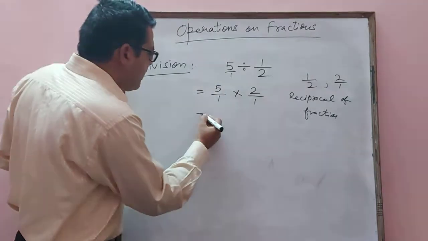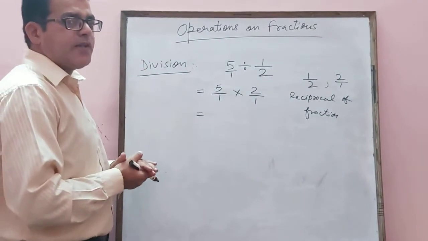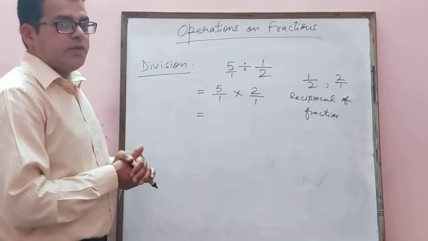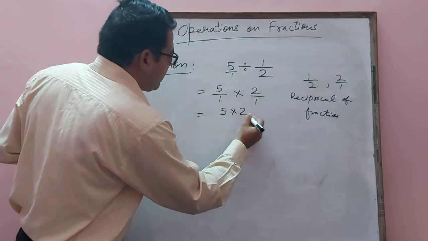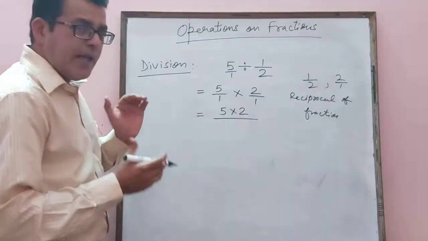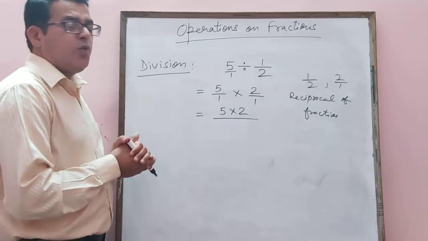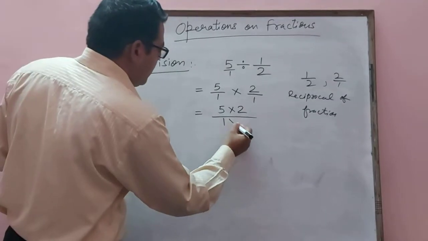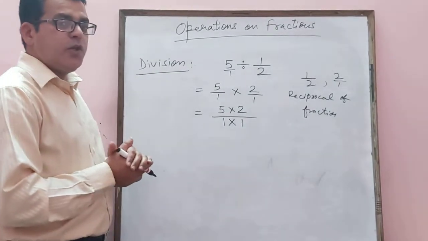Now this is very simple. Now if you know how to multiply fractions, we can easily solve this. So what is the rule of multiplication? No need to take the LCM, no need to make denominators equal. We just multiply numerators with numerators and denominators with denominators.